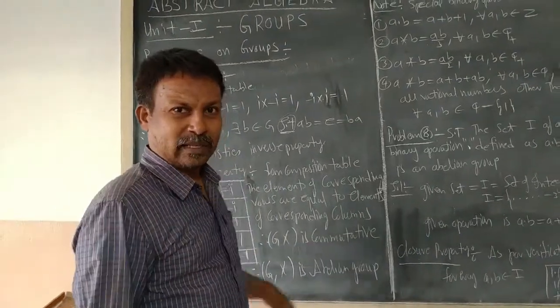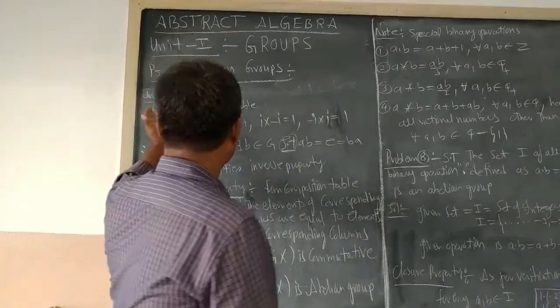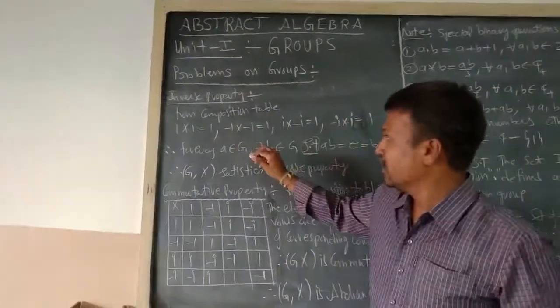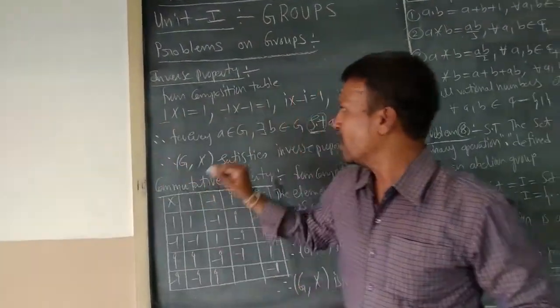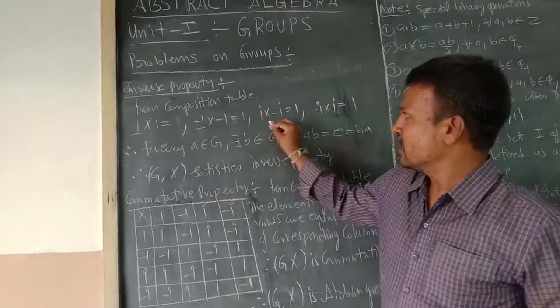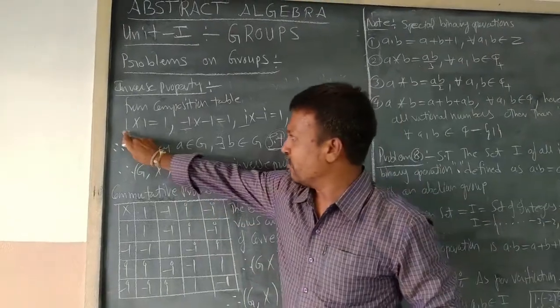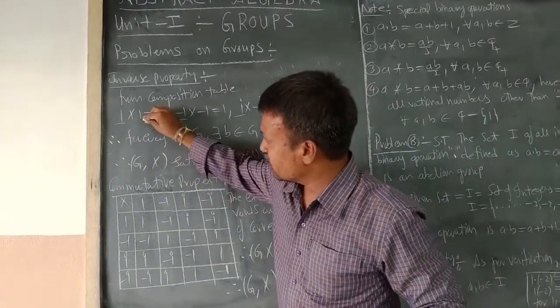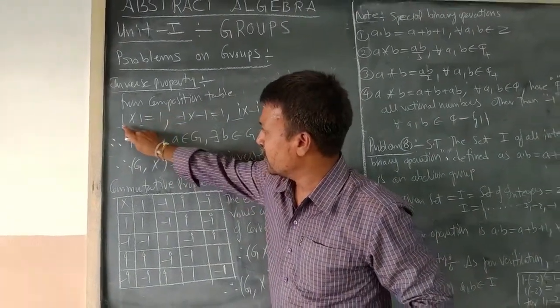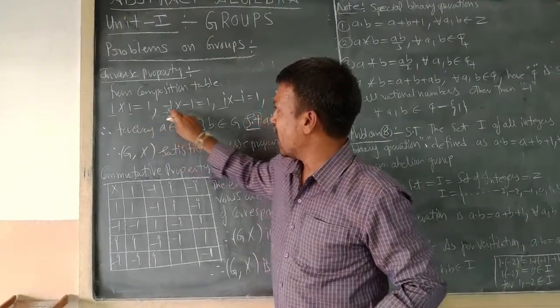The next property is the inverse property. From the composition table, if I take the first element 1, the second element minus 1, the third element I, and the fourth element minus I, for every element in G there exists one element such that if they are operated, we get the identity element.